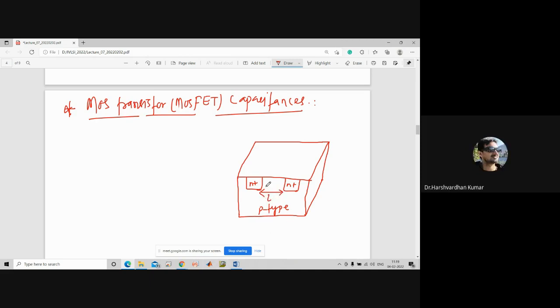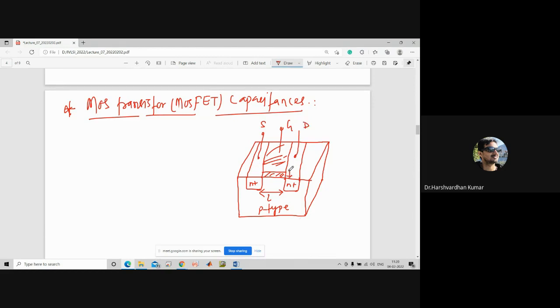Here, if you remember, let us say this is the source, this terminal is known as the gate, and this one is known as the drain.